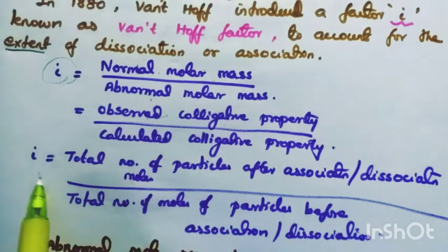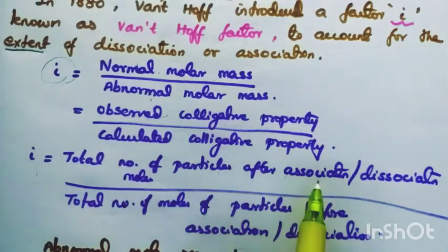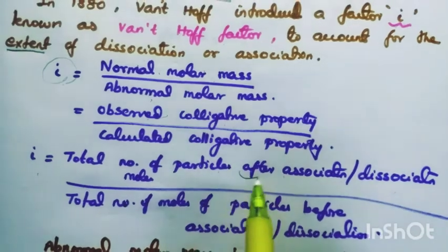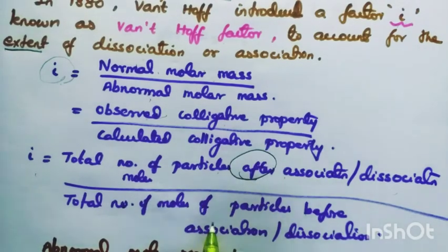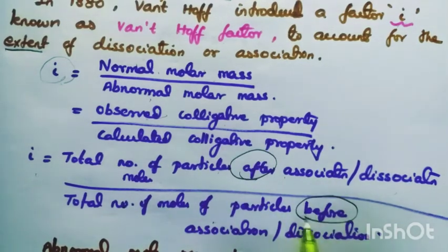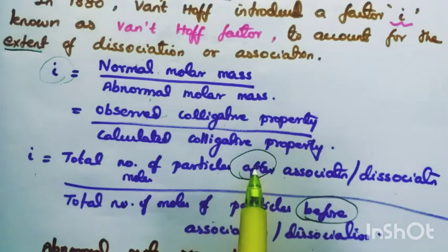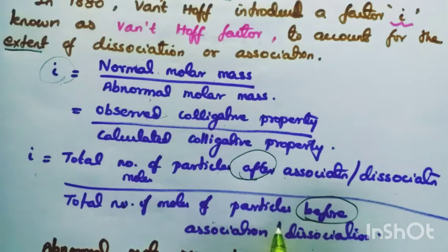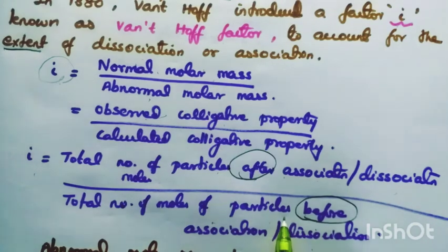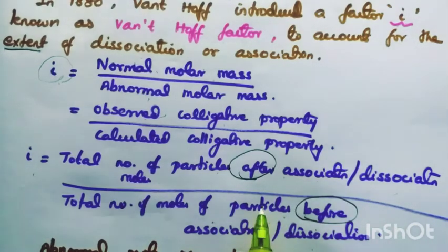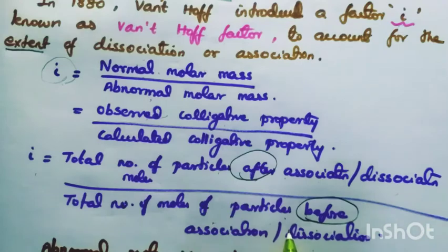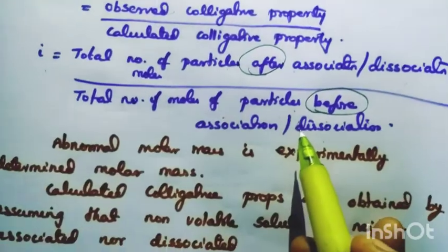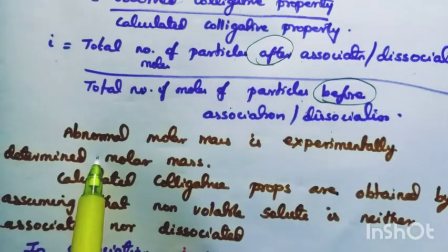Or i is equal to the total number of particles after association or dissociation divided by the total number of particles before association or dissociation. The abnormal molar mass is experimentally determined.